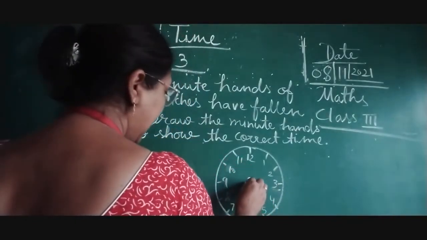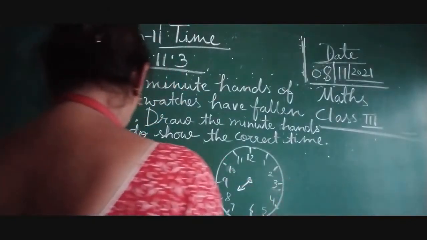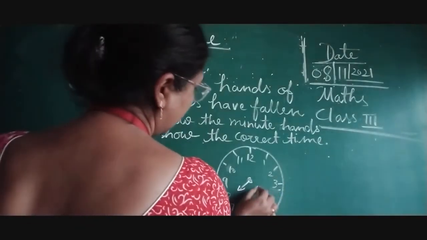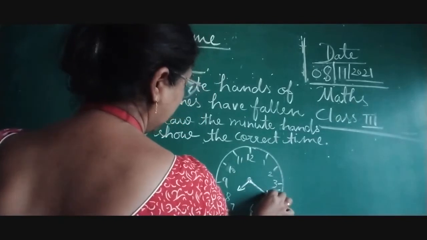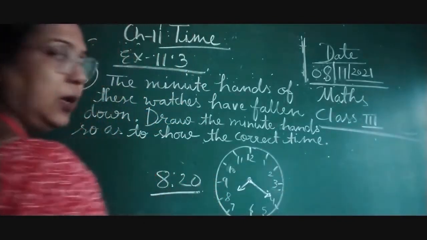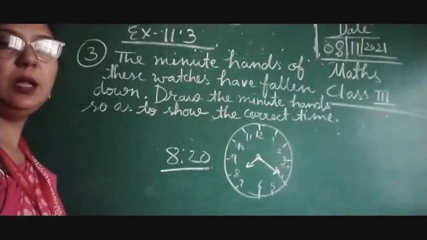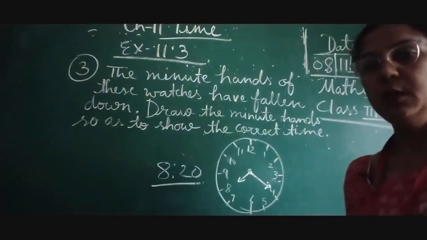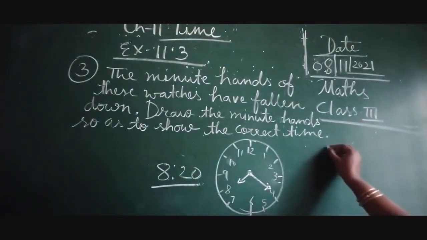So here the hour hand is shown over here and the minute hand has fallen off, and we have to show 8:20. So now children, we are going to draw over here one line. This shows 8:20.